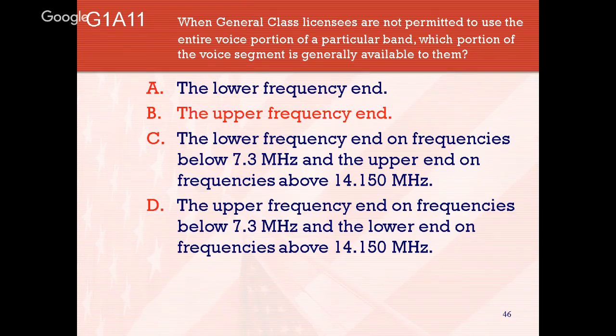So really the upper frequency end is the general class portion. You get a little lower than that, and again, you have to look at your chart to get familiar with what the lower end of the general class portion is. Below that is where your advanced and extra class licensees are operating as far as the phone portions of those bands are concerned.